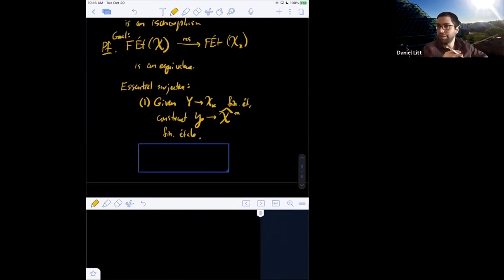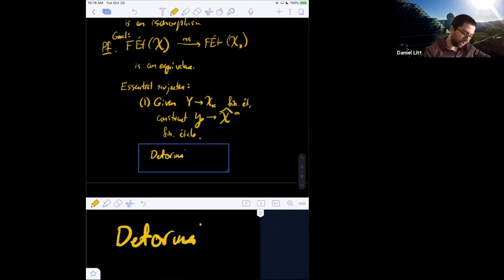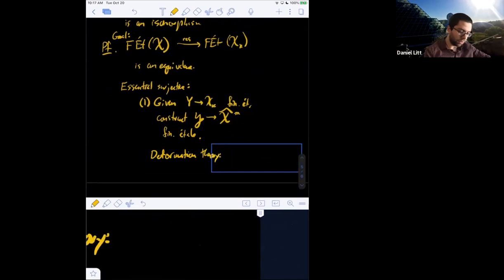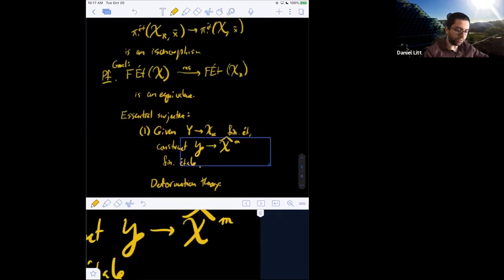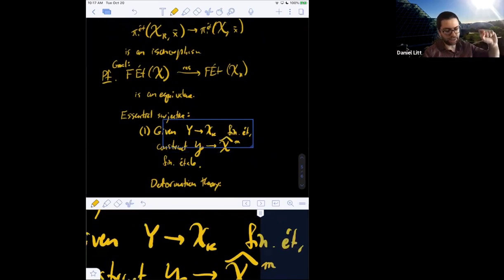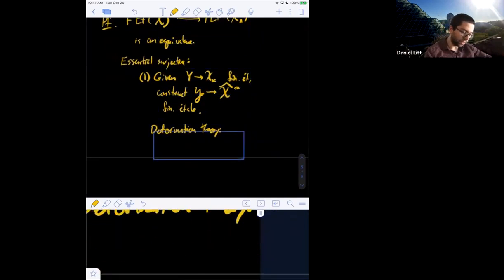Here we need a little digression on deformation theory. So what's the situation? We want to lift Y over X mod m^n, where m is our maximal ideal. We're going to do that one n at a time.